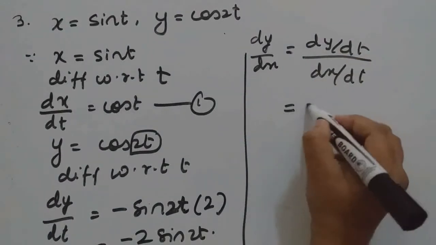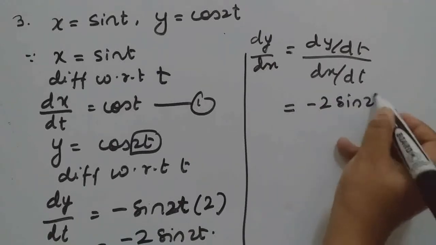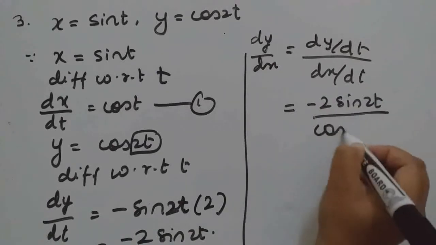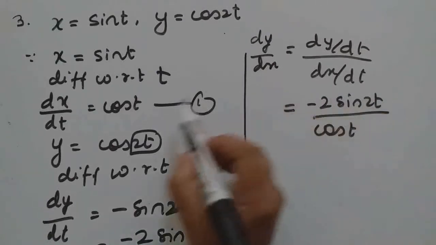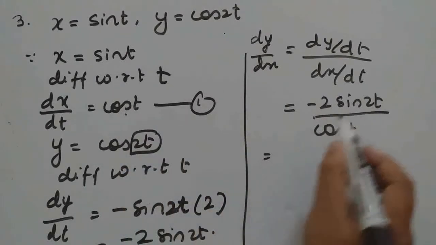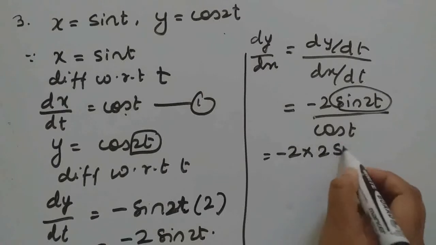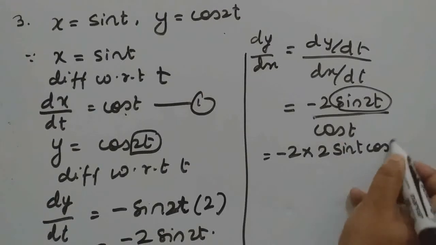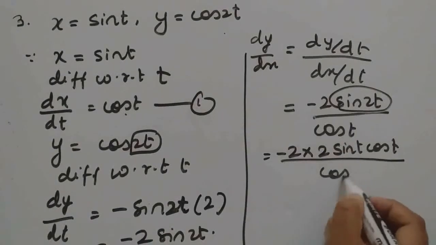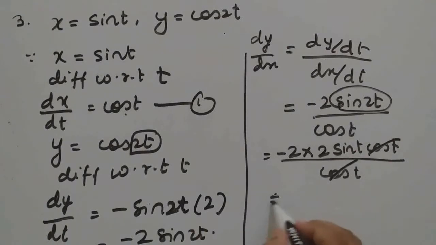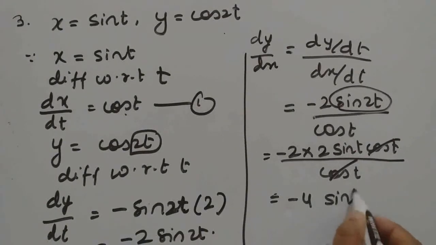So dy by dt means minus 2 sin 2t, and dx by dt is cos t, from 1 and 2. Sin 2t formula we can apply here, that is 2 sin t cos t divided by cos t. Cos t cancels. So the answer is minus 4 sin t.